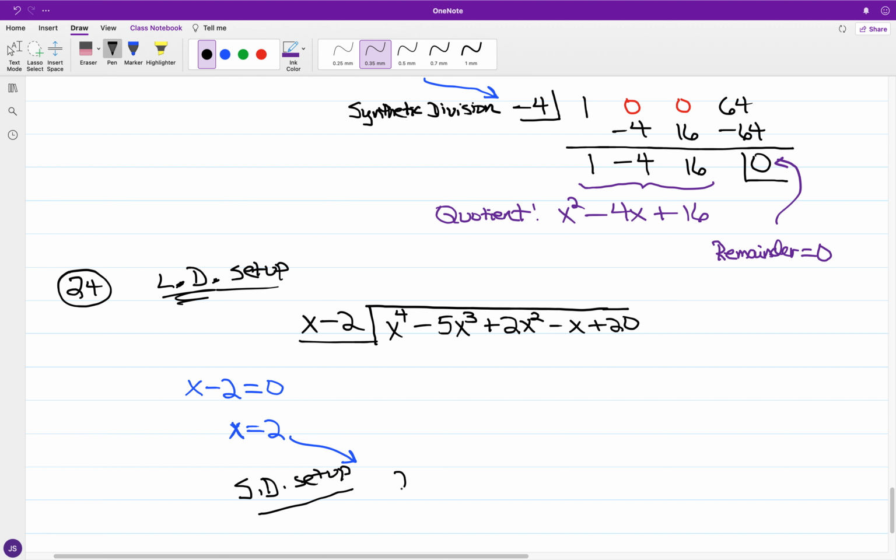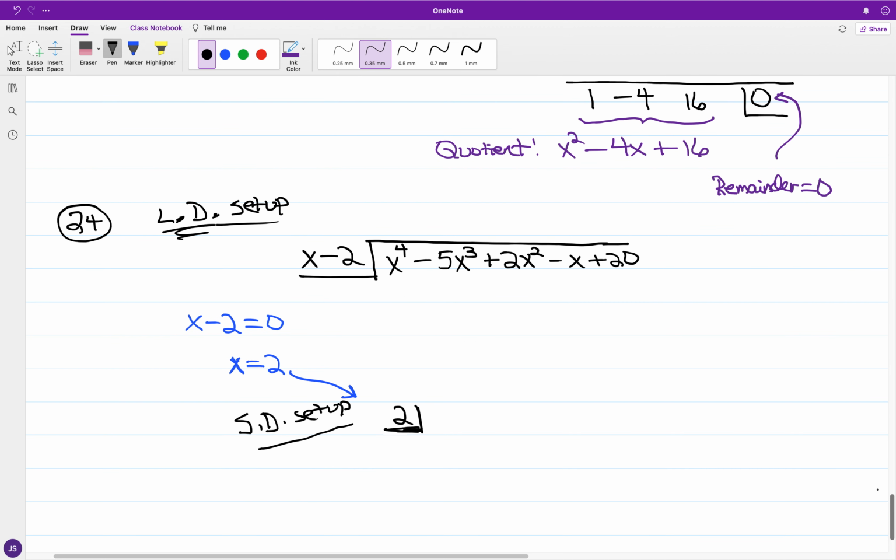So we'll have 2, and then the coefficients of the dividend: 1 for x to the 4th, negative 5 for minus 5x cubed, 2 for 2x squared, negative 1 for the coefficient of negative x, and closing out with the constant value of 20.